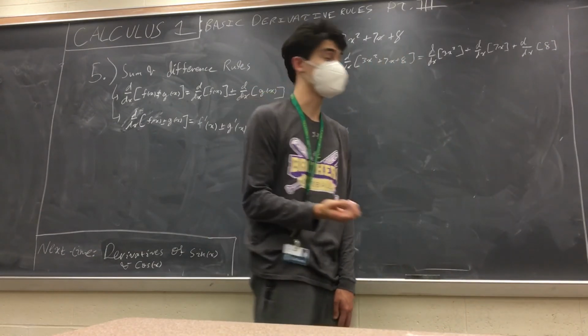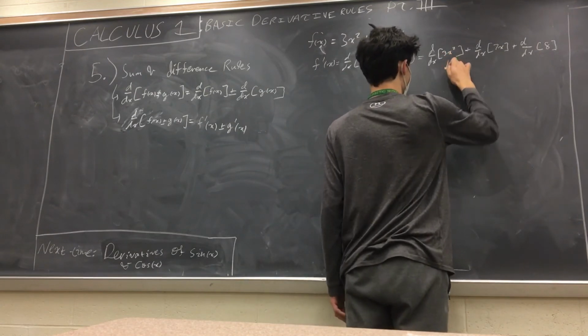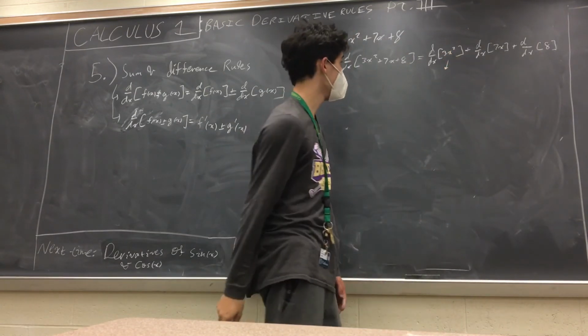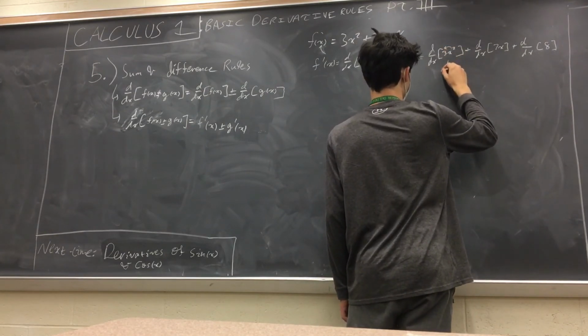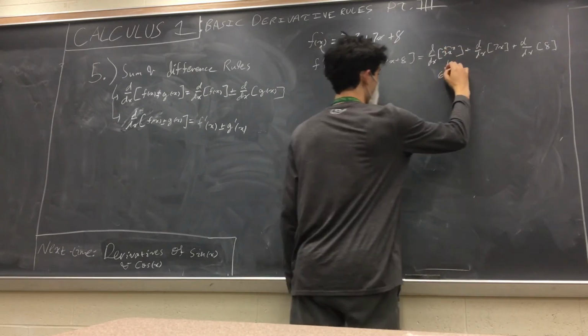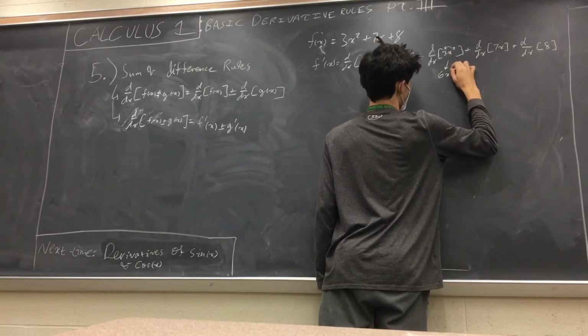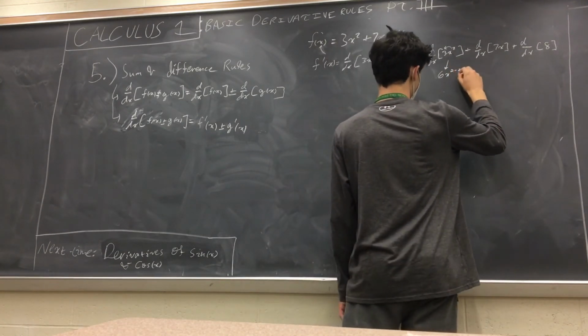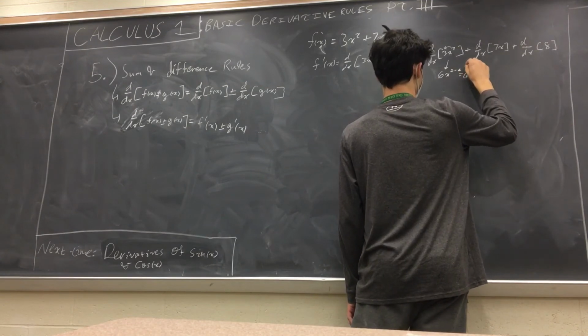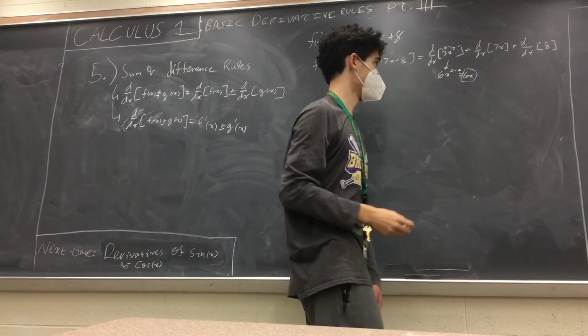Now, if we look at each of these cases separately, the derivative of 3x squared, multiply the coefficient by the exponent, 3 times 2 gives us 6, x, exponent minus 1, so 6x to the 2 minus 1, which is equal to 6x.